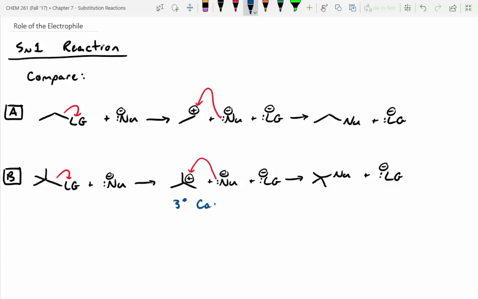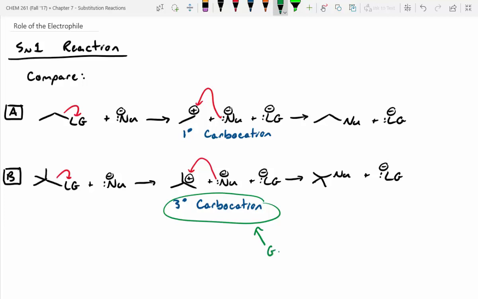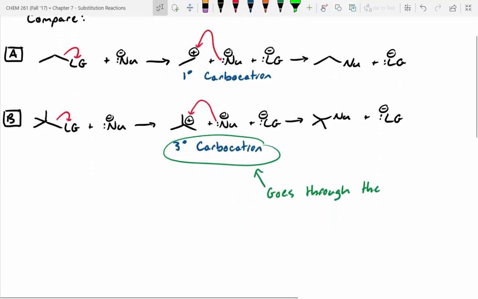Okay, so if we look at this one, we could say this is a tertiary carbocation. Up here, we've got a primary carbocation. Which one's more stable? Tertiary. So we can say this goes through the more stable intermediate.